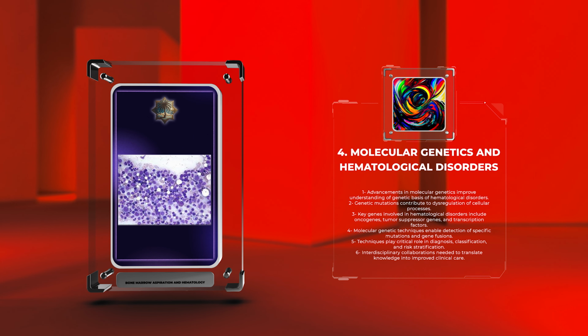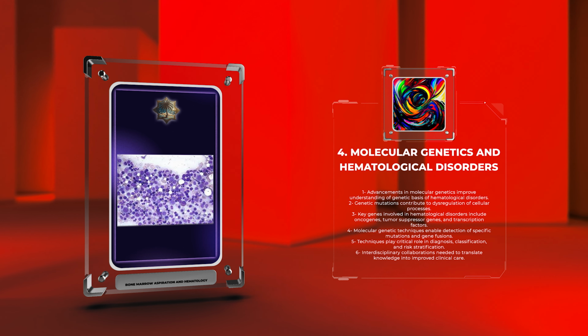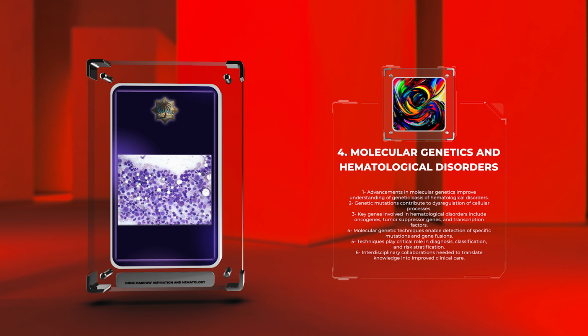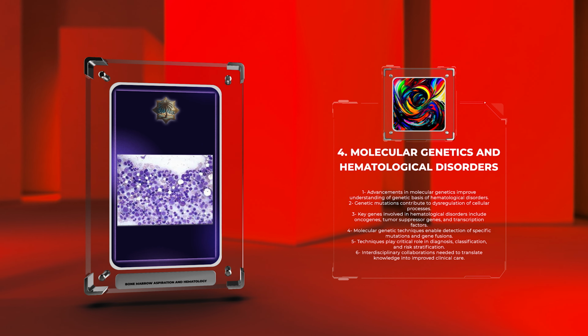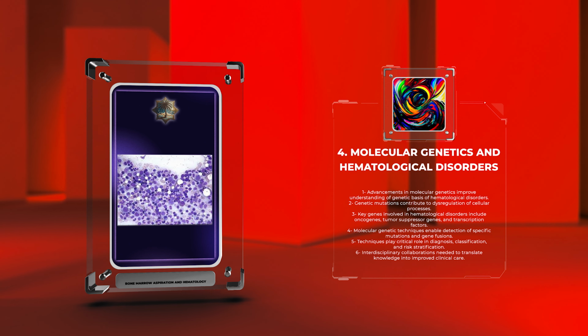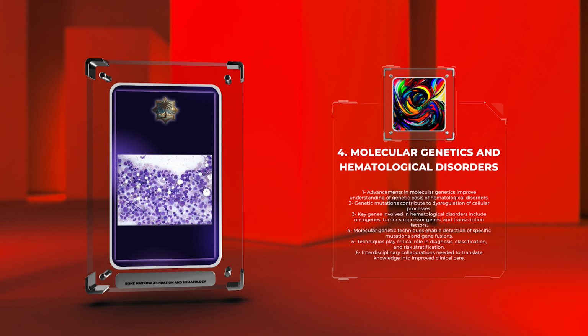Key genes involved in these disorders include oncogenes, tumor suppressor genes, transcription factors, and genes encoding proteins involved in signaling pathways. Molecular genetic techniques, such as polymerase chain reaction, PCR, and DNA sequencing, enable the detection of specific mutations, gene fusions, and polymorphisms associated with hematological disorders.